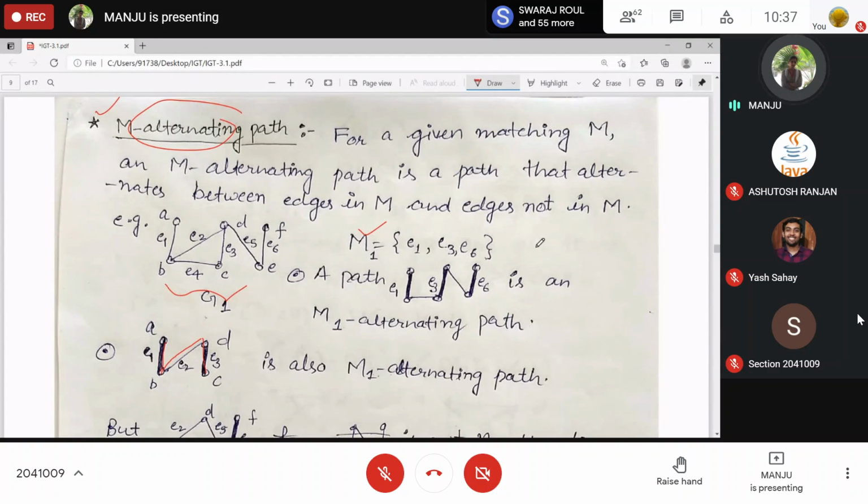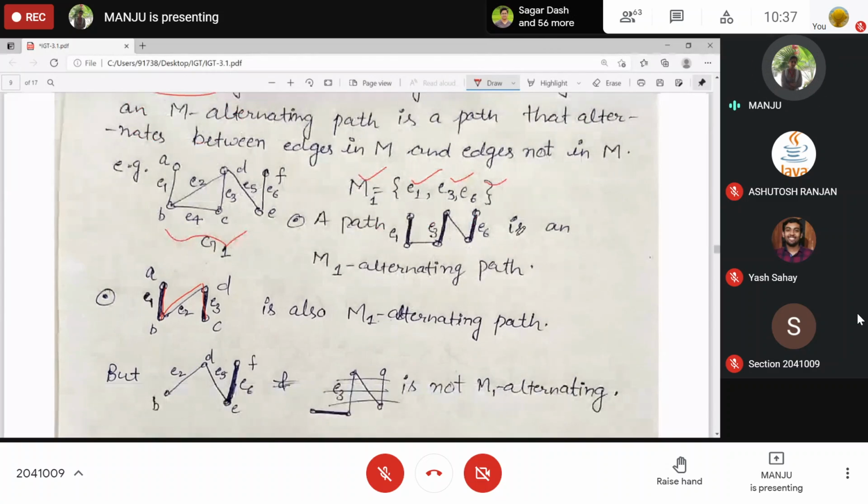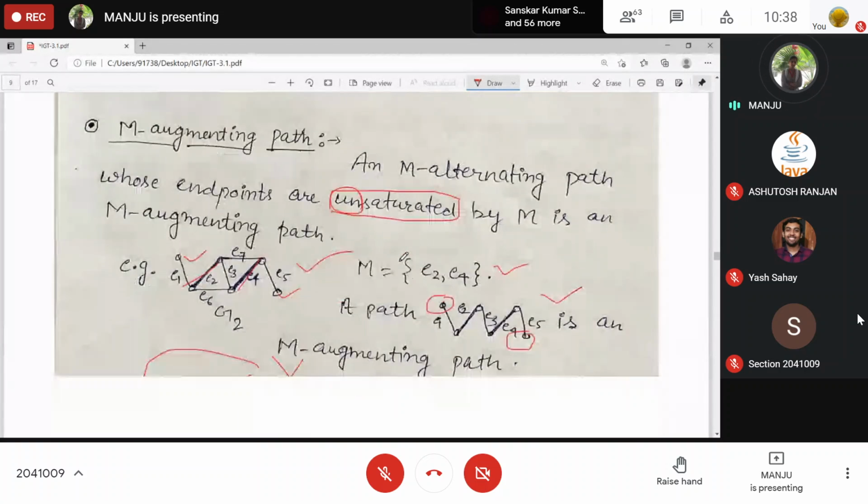That does not exist now because every vertex is contained in M1, right? So there does not exist any M1 augmenting path. What do we want for M augmenting? The endpoints of the path should be unsaturated by M. That should not be present in M. Clear?